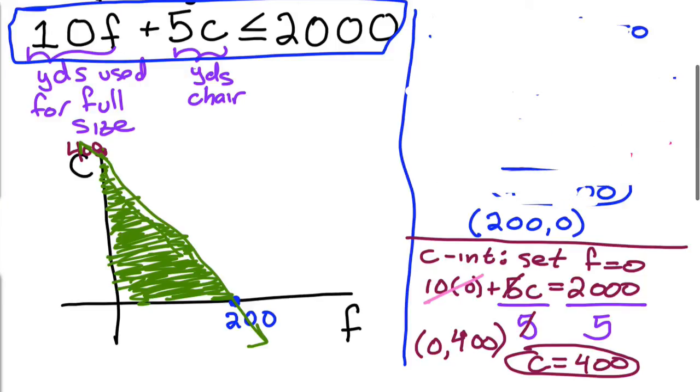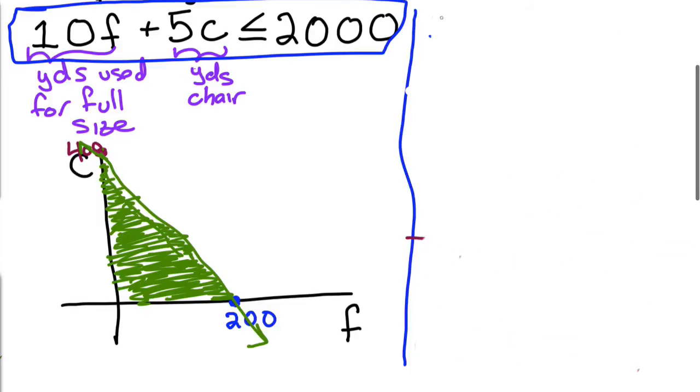So let's consider a point. Let's consider the point 105, comma 175. Sorry. Okay, so remember the first component here represents F. The second component represents C. So what I'm going to do is plug those into my inequality.